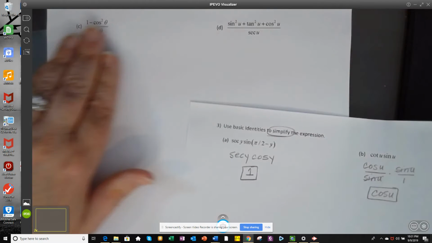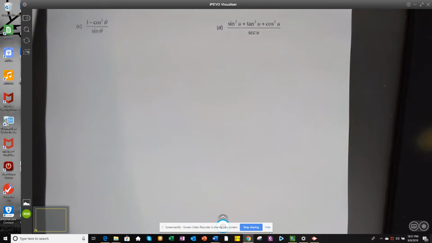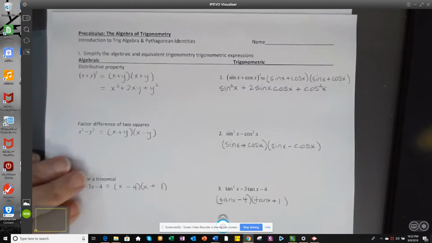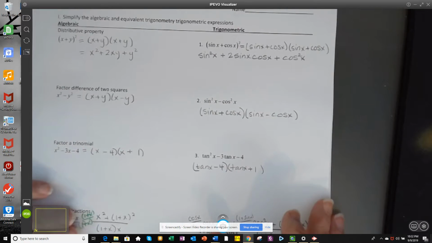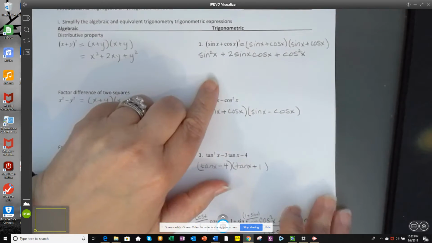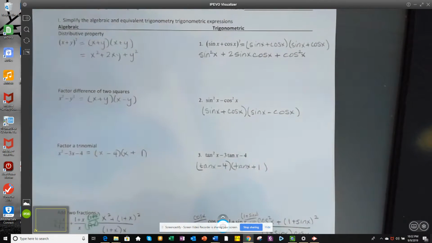Now, before I go on to ones that are more complicated, I want to take us back to page 1 of our notes, the page where we did our algebra of trig, and see if we can simplify our expressions. I want you to be on the hunt for things that make your life easier.